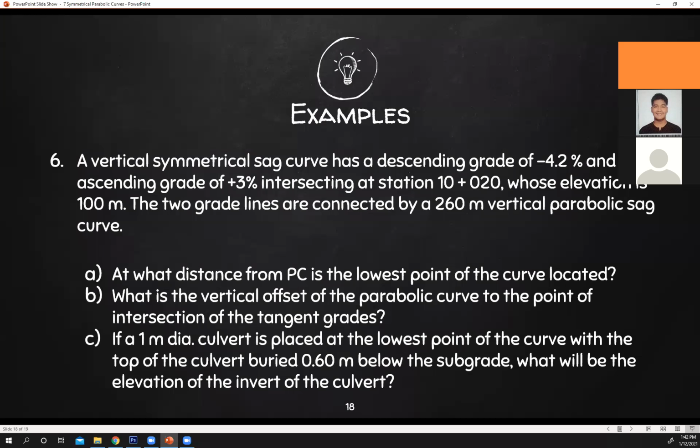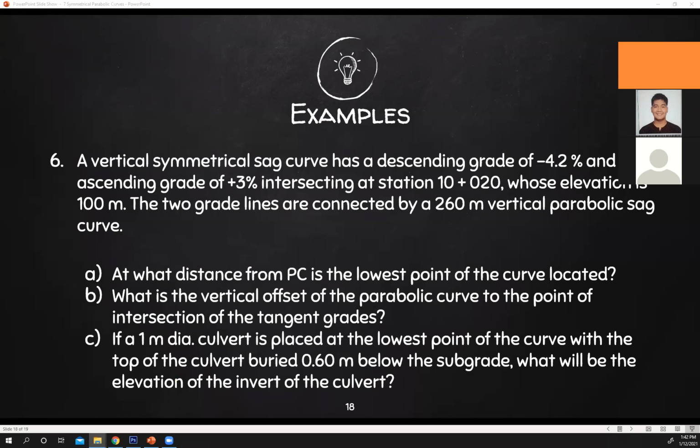Letter B, what is the vertical offset of the parabolic curve to the point of intersection of the tangent grades? And then C, if a 1-meter diameter culvert is placed at the lowest point of the curve with the top of the culvert buried 0.60 meters below the subgrade, what will be the elevation of the invert of the culvert?